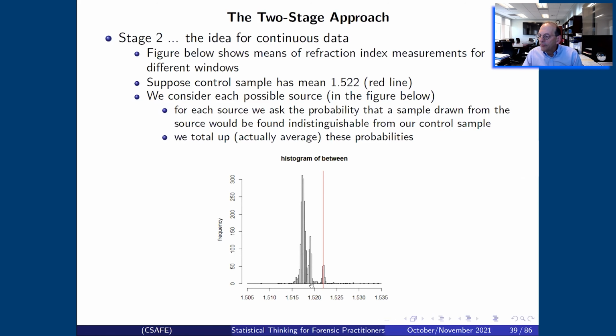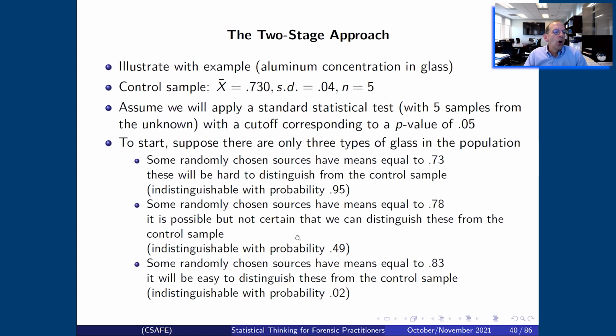And then we would move over a little bit and say, oh, there are some that are near 1.52. If that were the truth, how likely is it that I would, just by chance, get samples that are close to matching? And then, of course, there are some over here, and for these, we might decide it's quite likely that they'll be indistinguishable. So that's the stage 2 argument conceptually.